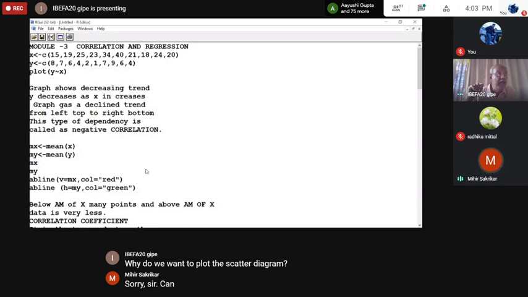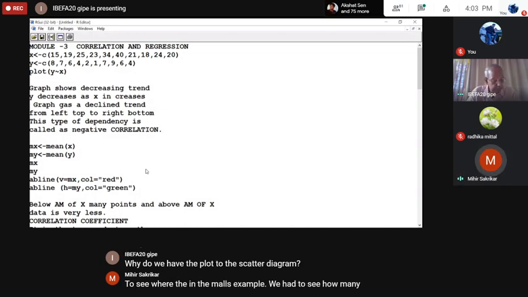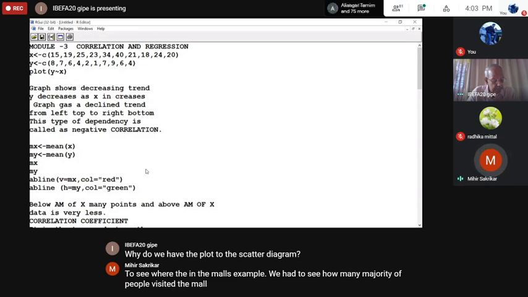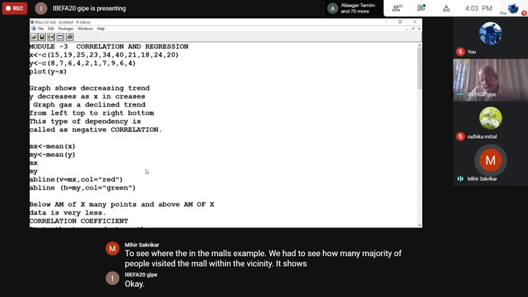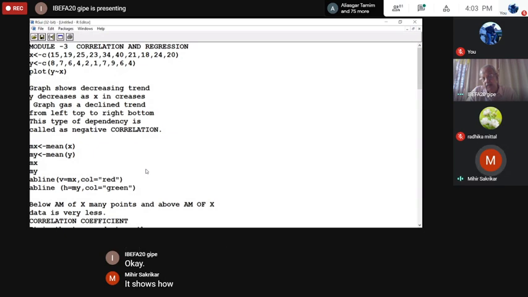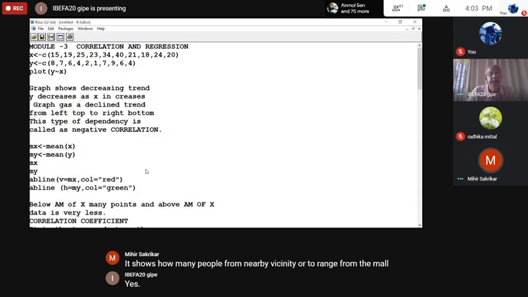In the mall example, we saw how many people from the nearby vicinity visited the mall. Sir, am I correct?